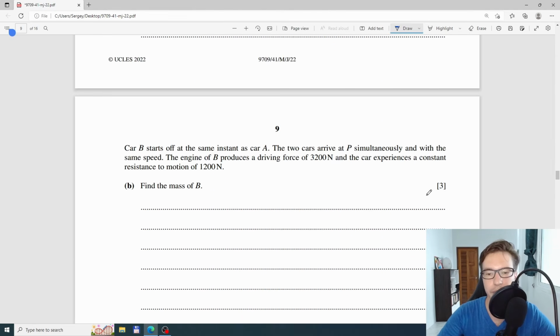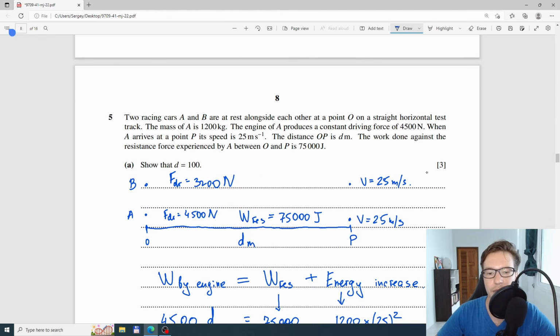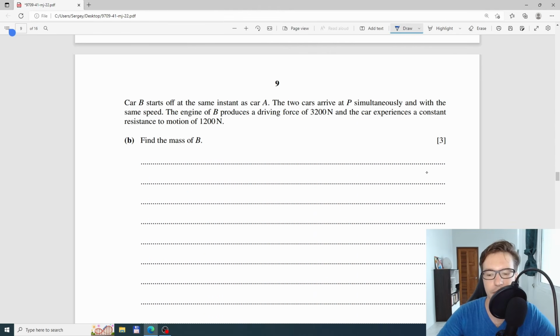What else do we know? We know that there is a resistance of 1,200 newtons. So the force of resistance equals 1,200 newtons. Okay, find the mass of B. I think we can use the same principle.